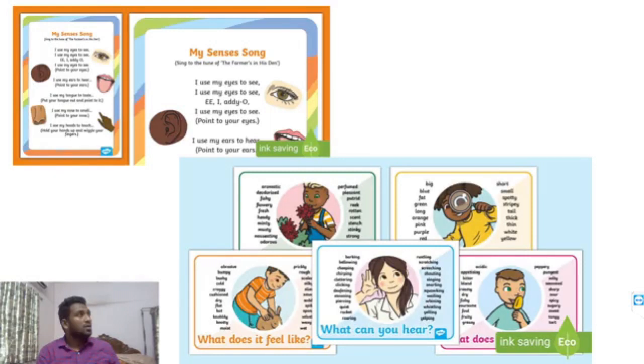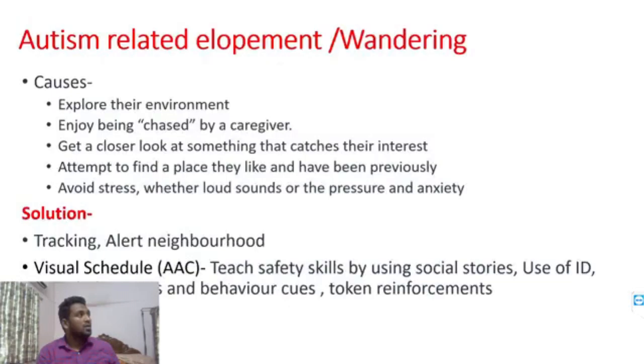Then, as parents, caretakers and therapists, we know that most of our children sometimes try to go off alone somewhere, they try to run. Sometimes they go and hide under a table, or go to a corner and hide. That is because of different reasons, like they try to explore the environment and they enjoy it. Sometimes when we run behind them, they laugh and think that it's a game.